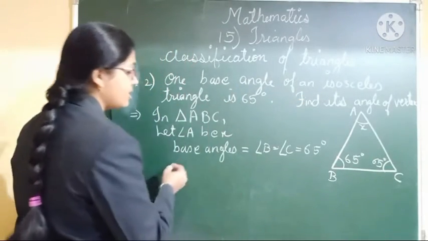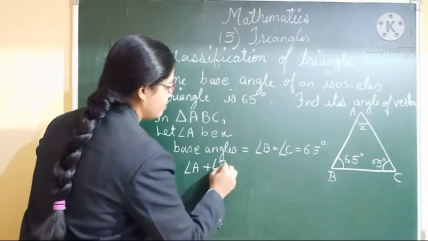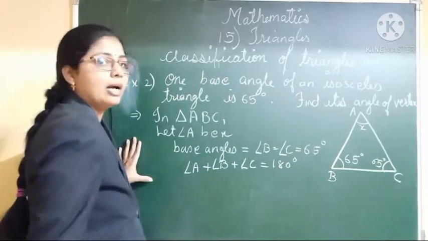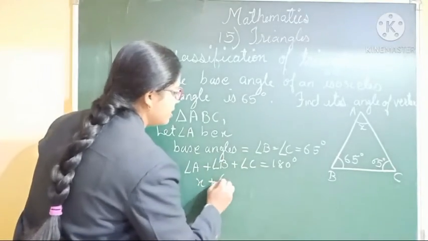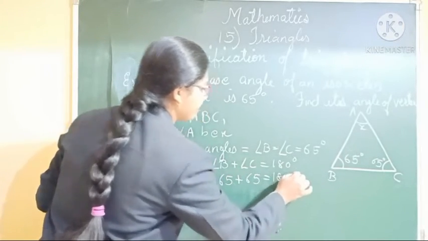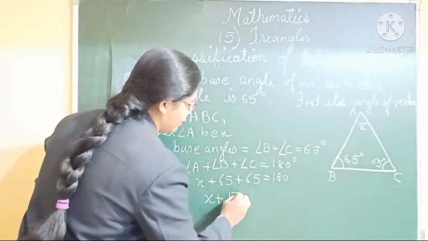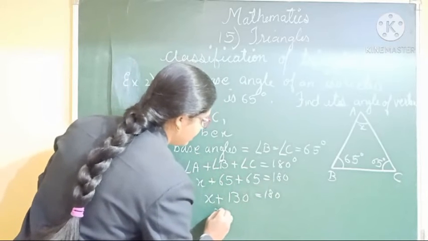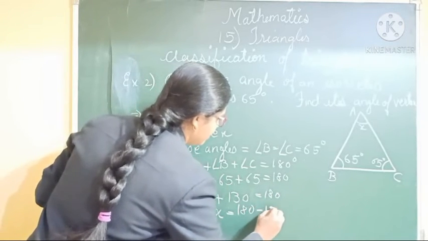Now the sum of all the interior angles, angle A plus angle B plus angle C, equals 180 degrees. Now next step, put the values. Angle A is x plus 65 plus 65 equals 180. Now 65 plus 65, how much will it be? 130. Now 130 goes to the other side and gets subtracted. So 180 minus 130.